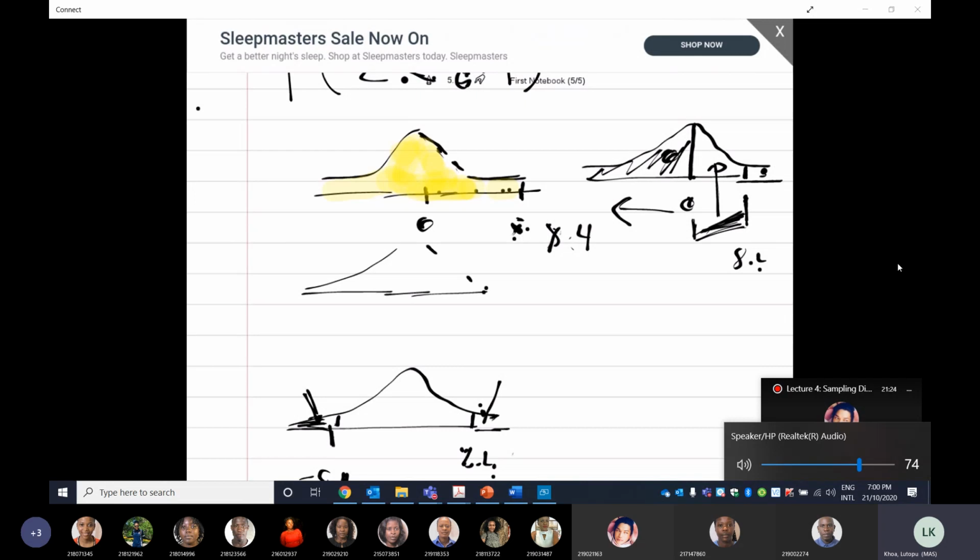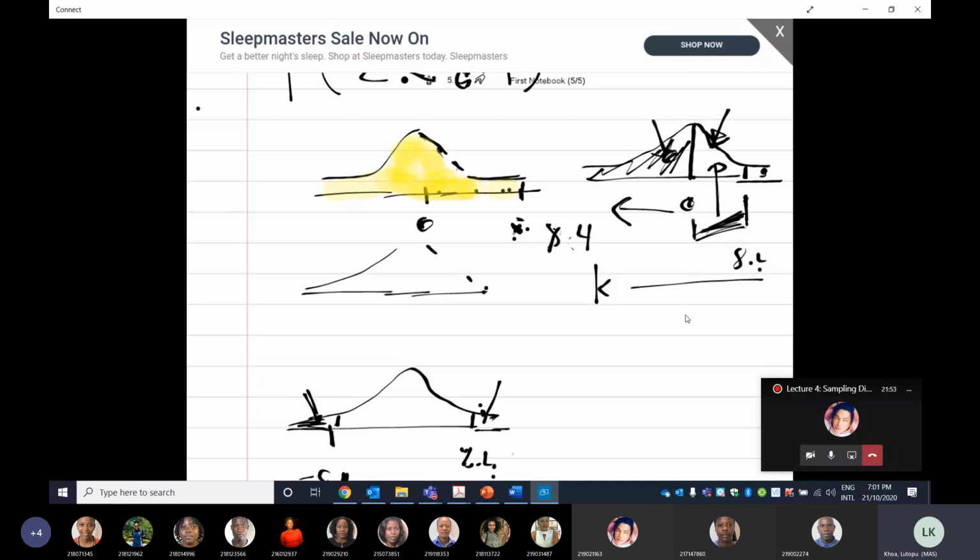So I will look for the area on the left of negative 8.4, and then subtract that from 0.5. That will give me this area here, and then I will add 0.5 to that, and that will give me the area from here to there.